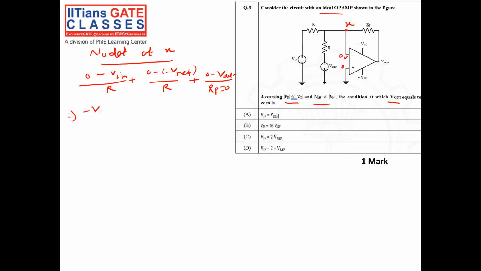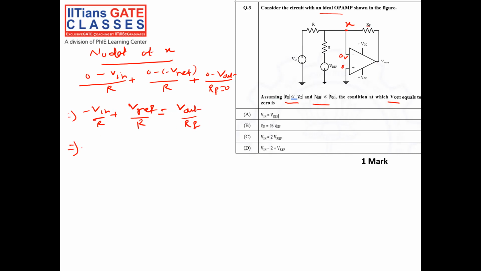Simplifying, minus V in by R plus V ref by R is equal to V out by RF. So what is it asking? What is the condition for V out equal to 0?